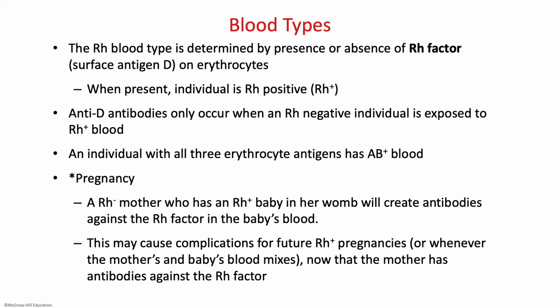When she has that Rh positive baby in her womb, that will cause her plasma to create antibodies against the Rh factor in the baby's blood. This might not be a problem for her first pregnancy, although they still check that, but it can cause complications for future Rh positive pregnancies because now that mother has antibodies against the Rh factor in her blood, so she could be harming the fetus growing inside of her because now she has those anti-D antibodies in the blood that she was exposed to from her first pregnancy.